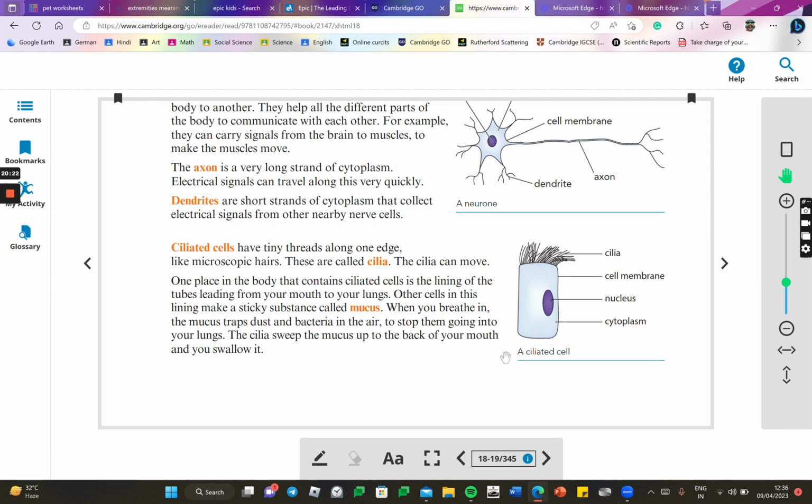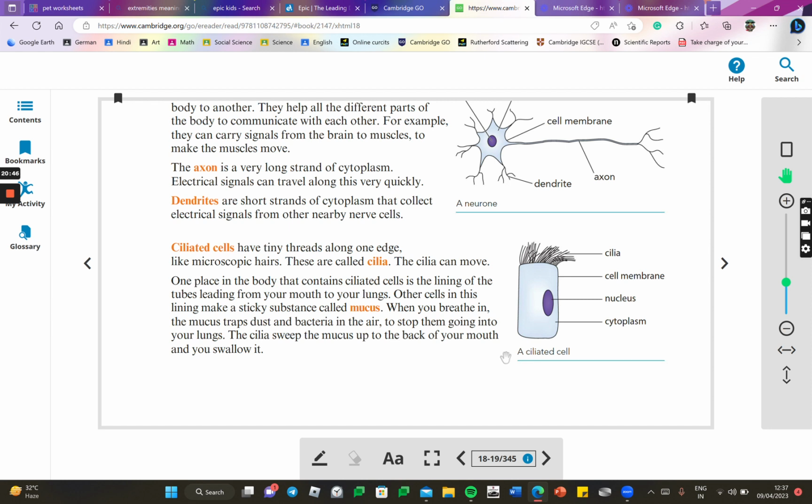So basically, these are located in the tubes leading from your mouth to the lungs, like the trachea. Not in the esophagus. It's in the trachea, and there are also hair-like projections, like cilia, in our nose.